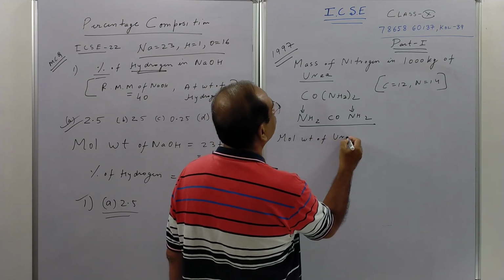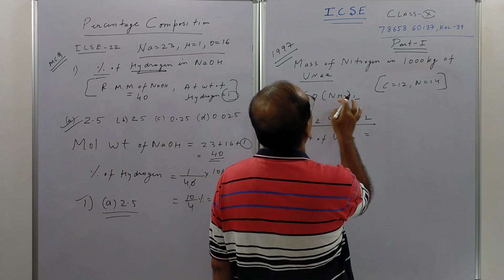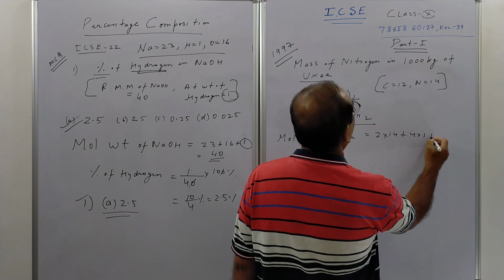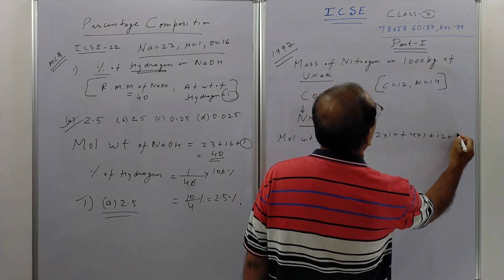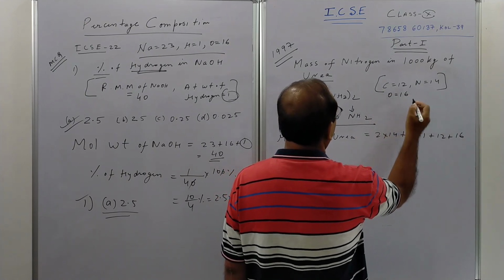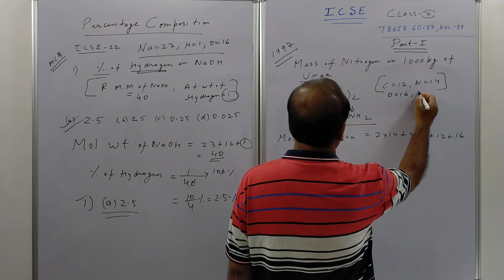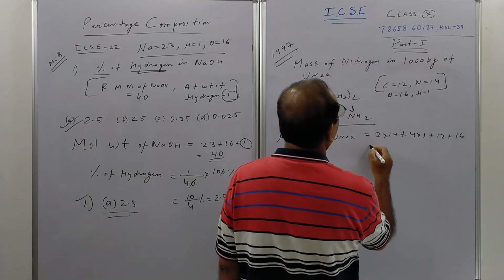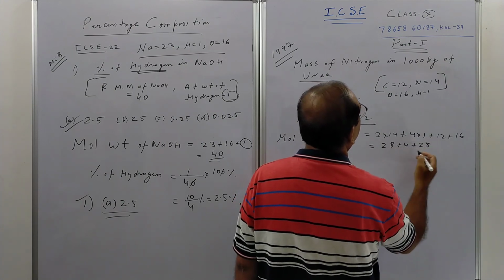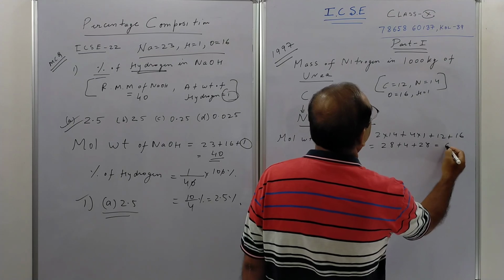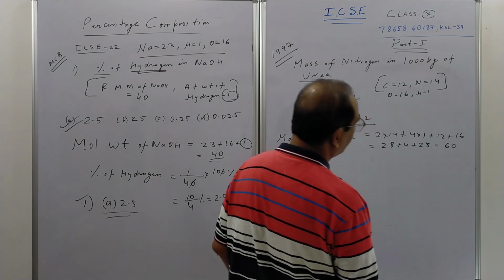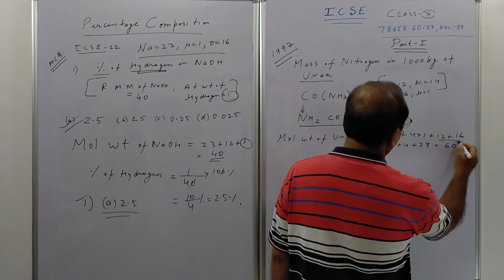of urea. So if you say nitrogen, there are 2 into 14, there is hydrogen 4, and there is 1 carbon and 1 oxygen. Okay, so oxygen is 16 and here hydrogen is 1. So we get 28 plus 4 plus 28 here. So we get 60. Okay. So this together is 28.